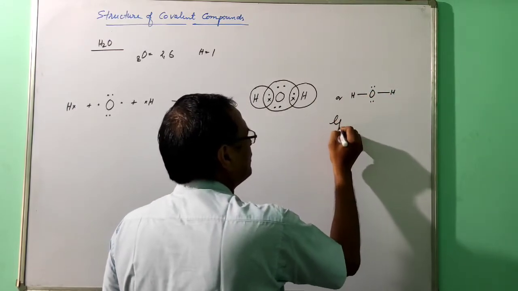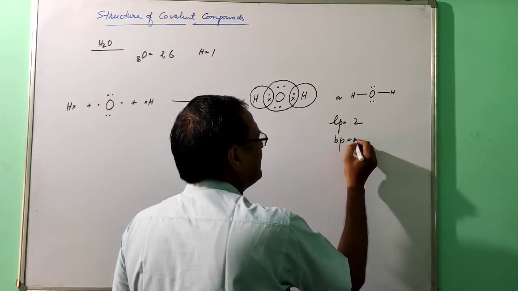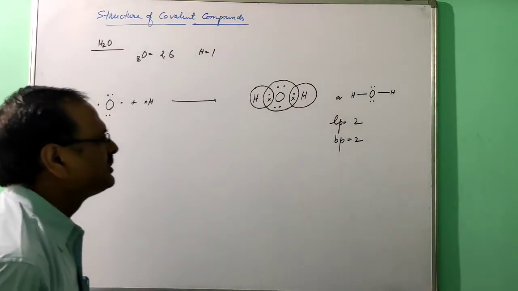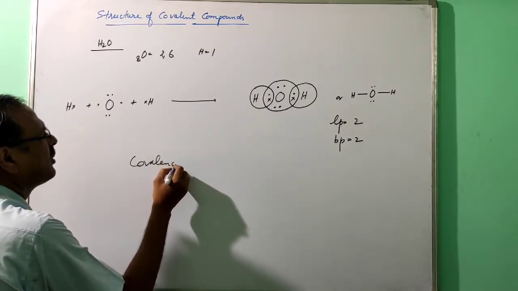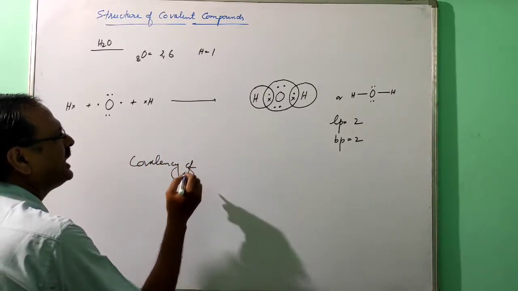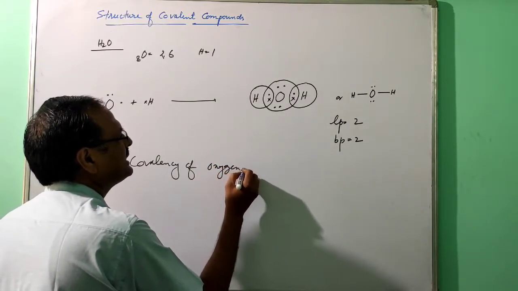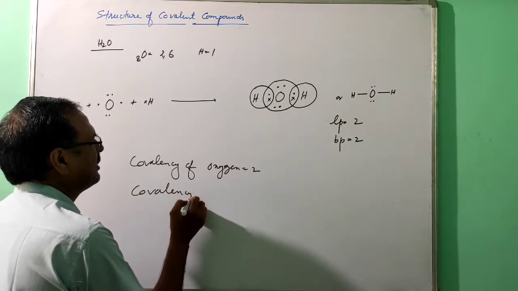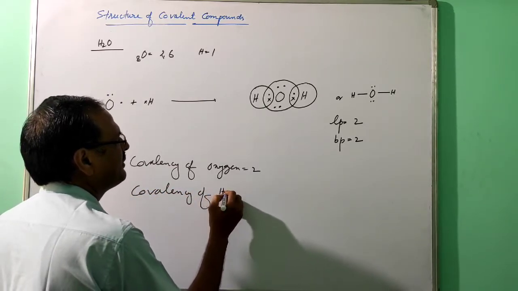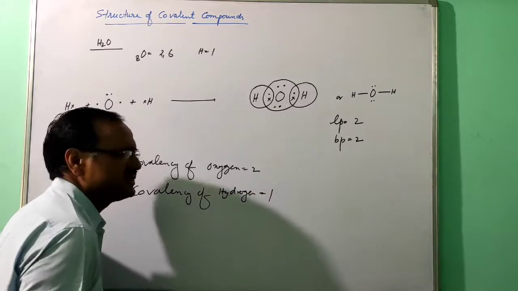In this one, 2 lone pairs are there and 2 bond pairs. So the covalency of oxygen is 2, and the covalency of hydrogen is 1.